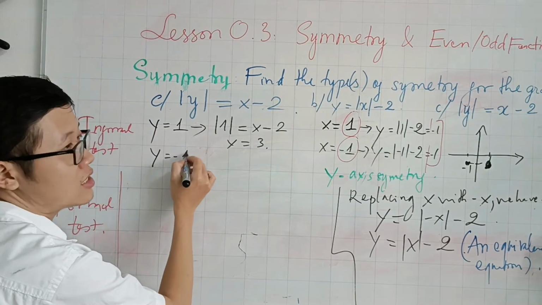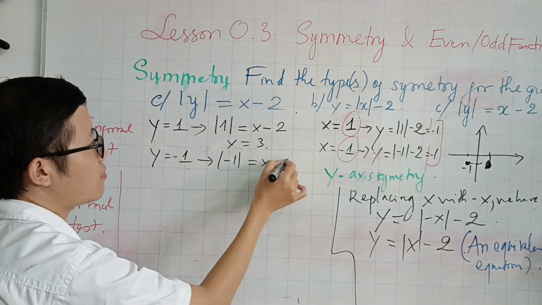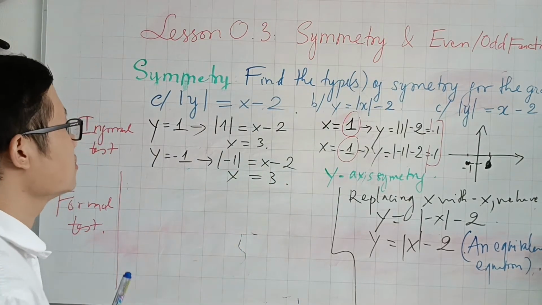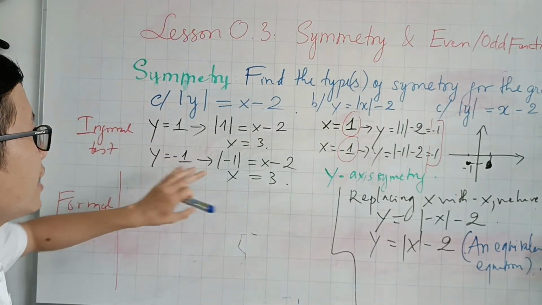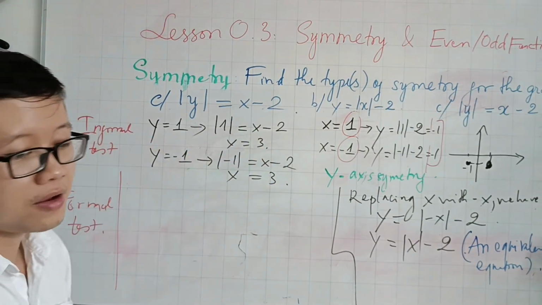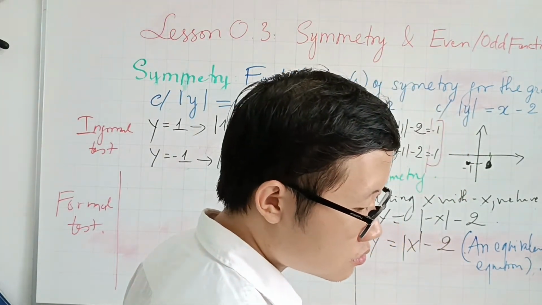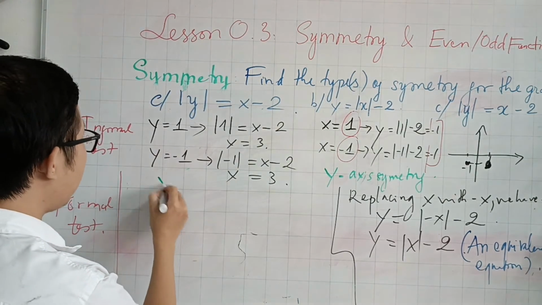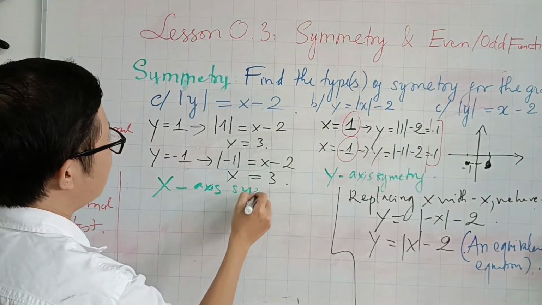Y equals -1, so absolute of -1 equals x minus 2, so x equals 3. The two opposite y values have the same x value, so this is x-axis symmetry.